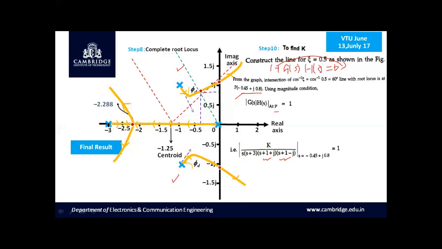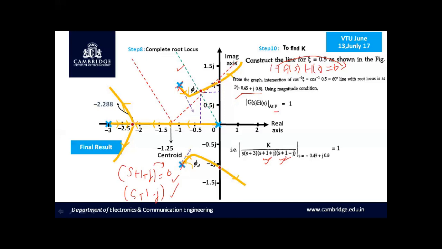Therefore, we can write the complex conjugate pair as s plus 1 plus j as well as s plus 1 minus j, which means that if you equate it to 0, you will be getting one pole at minus 1 minus j, which is here, and the other one at minus 1 plus j, which is located here. So it has been represented in this fashion.